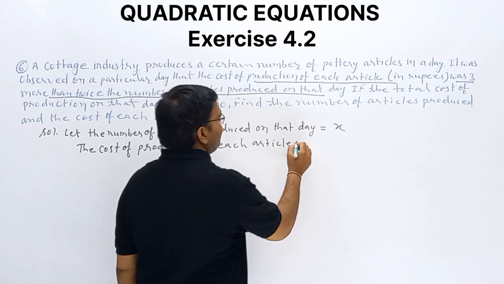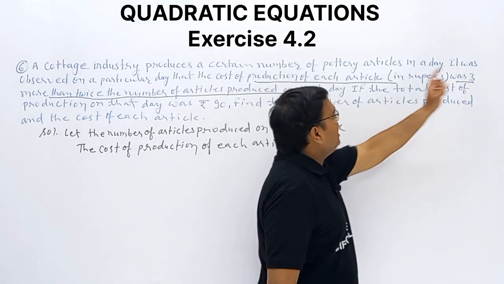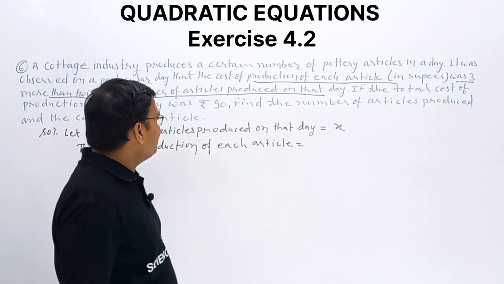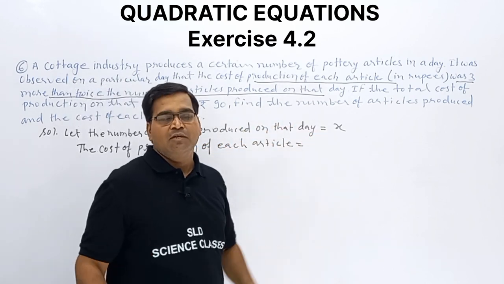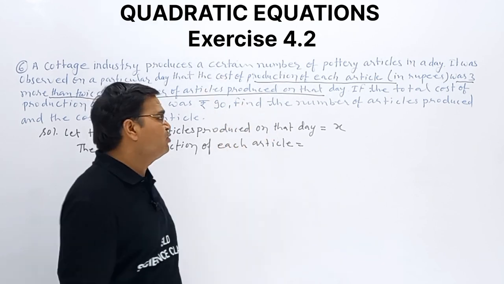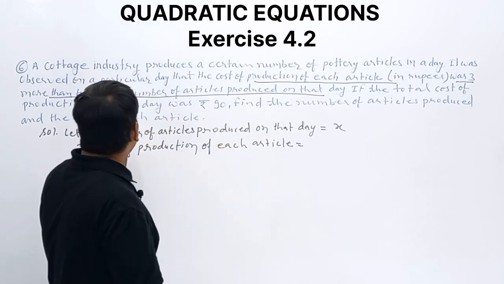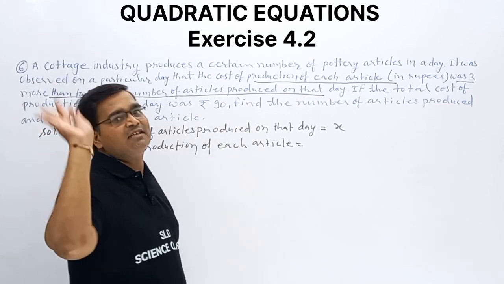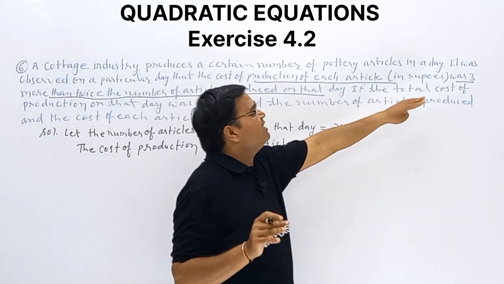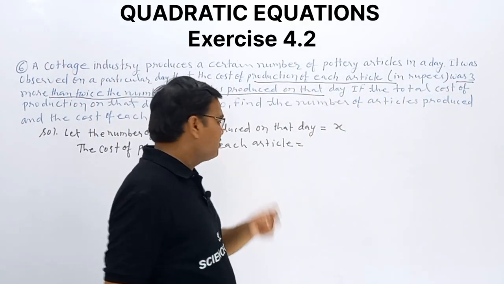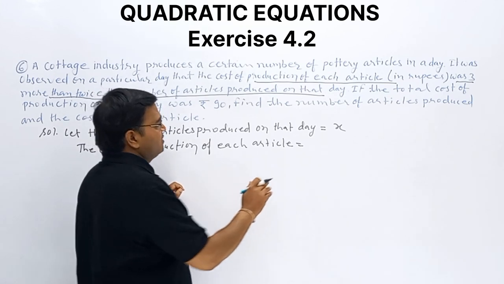The cost of production of each article in rupees will be what? 3 more than twice the number. What number we assumed? X. Number of articles produced on that day is X. So we apply this there. 3 more than twice the number. So what will be the equation?